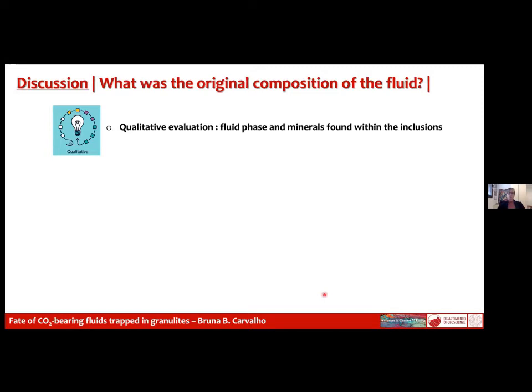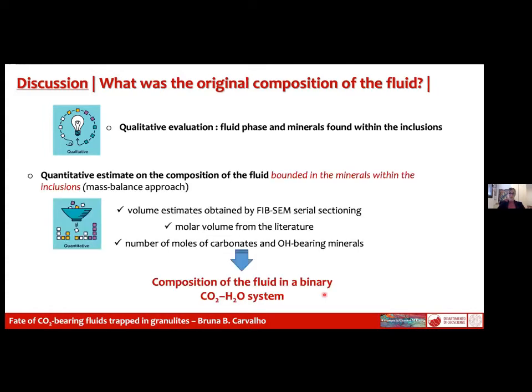So the original composition of the fluid may be evaluated just qualitatively by looking at the fluid phases and the minerals found within these inclusions, but a more precise and quantitative estimate can be done using the composition of the fluid bound in the minerals within the inclusions.